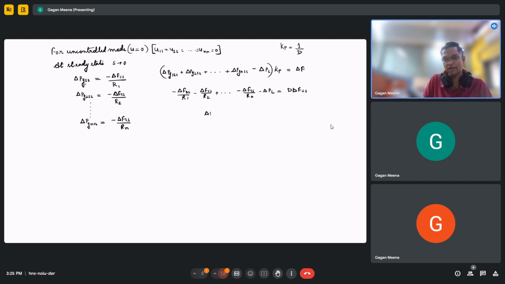Okay, so delta Fss is equal to minus delta PL divided by D plus 1 by R1 plus 1 by R2, and so on up to 1 by Rn, and this we can represent by 1 by R equivalent. So for the multi-unit system, this is the equivalent speed regulation characteristic.